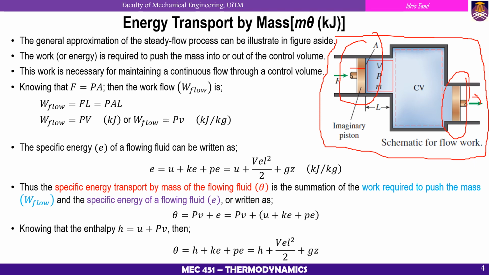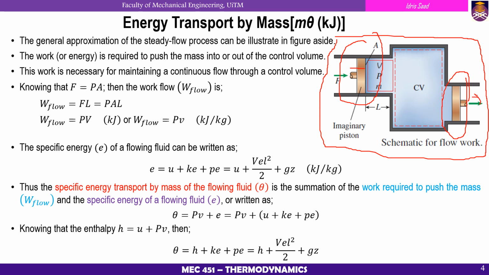Therefore, in order to make the mass flow in and out of the system, we need to push the piston by giving a force to the inlet of the system. Therefore, the piston will move forward.